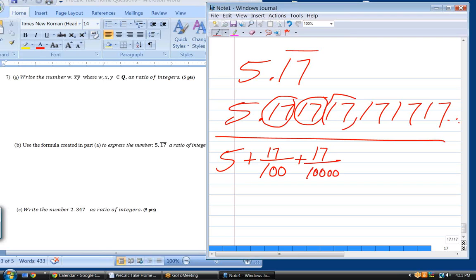And then this part here, 17 over 1 with 6 zeros. And so forth and so on. So when you have a repeating decimal, you can write it as integers this way. And then I don't know how they want you to write the rest of it. It's an infinite series is what it is.